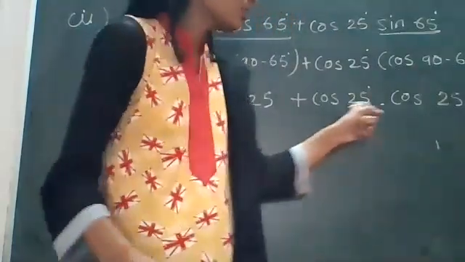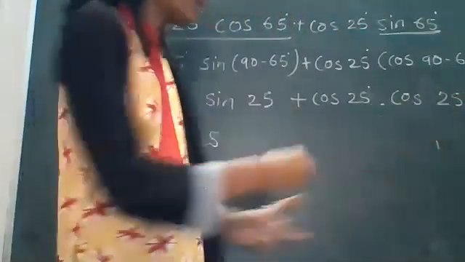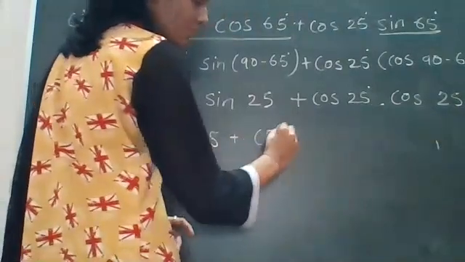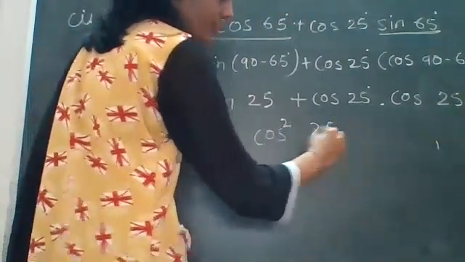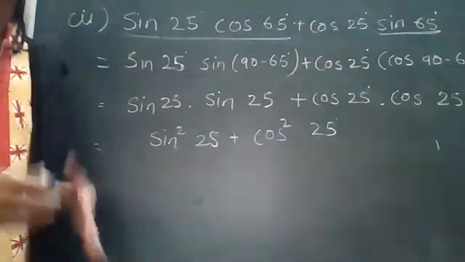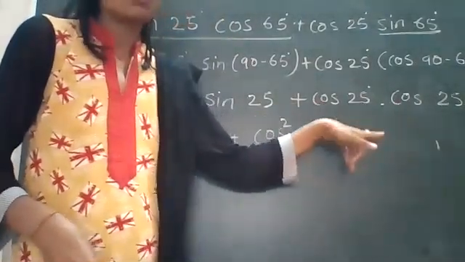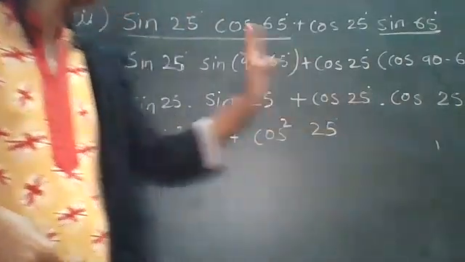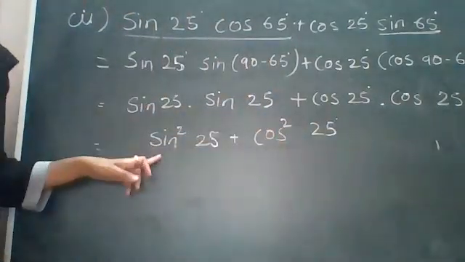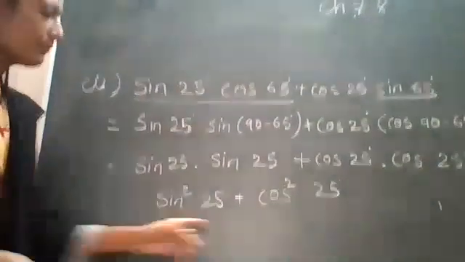Now we know that cos 25 into cos 25 is equal to what? Cos square 25. We cannot put it in the square of 25. Only cos will be multiplied, and we will get cos square 25. So here we got sin square 25 plus cos square 25, right?